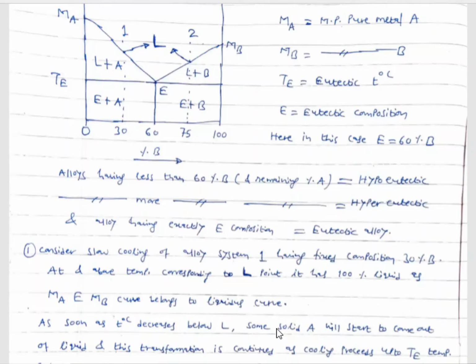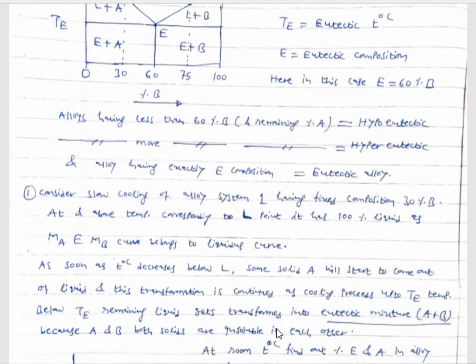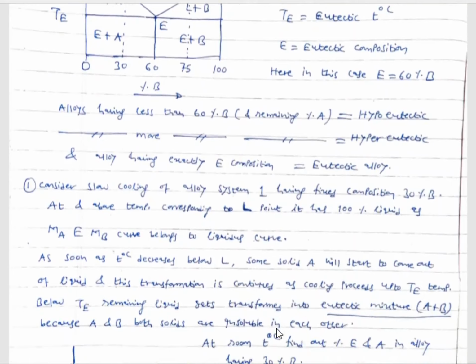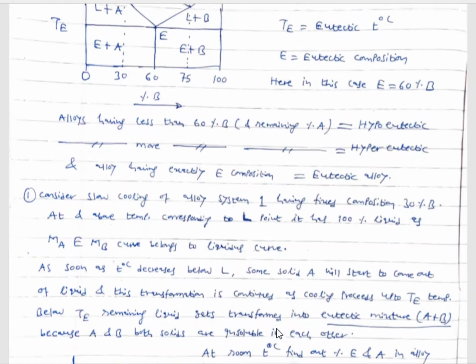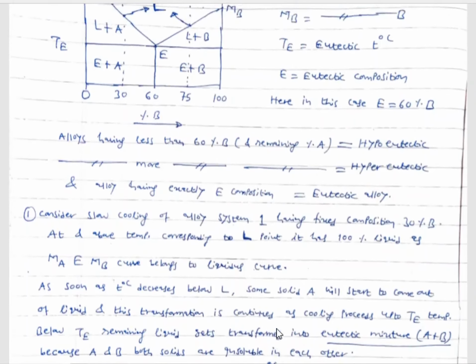And this procedure of coming out of solid A particles out of liquid will remain continued from the liquidus temperature up to eutectic temperature Te. As soon as the temperature is decreased to below Te, then what will happen? The remaining liquid will immediately get transformed into the solid form.